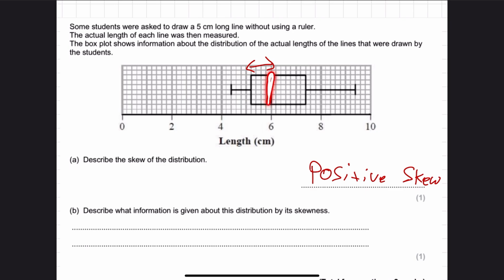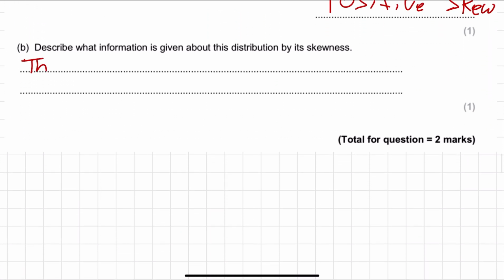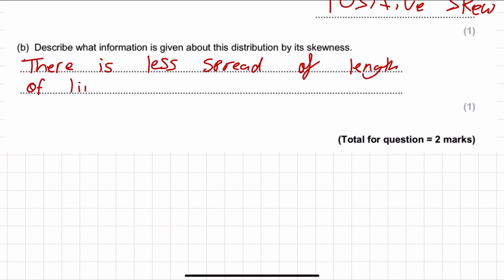Well, here's the median. Here's the spread. There's more spread above the median. There's less spread below the median. So I would say something like, there is less spread of length of lines drawn below the median than above the median.